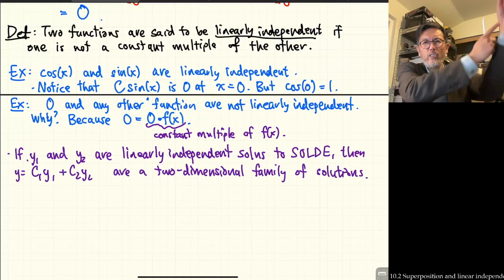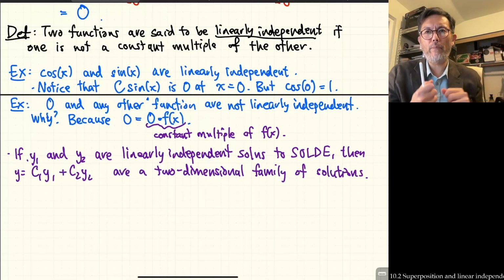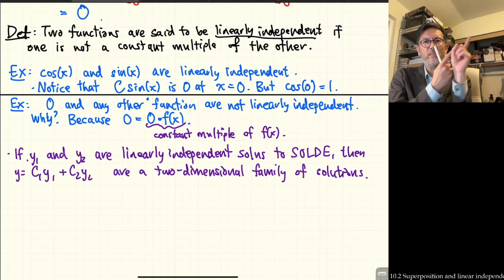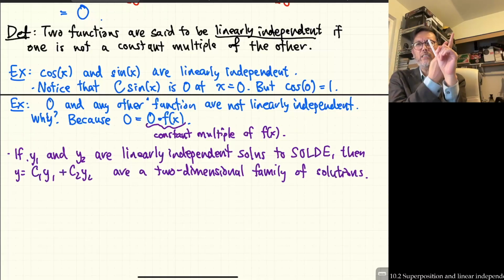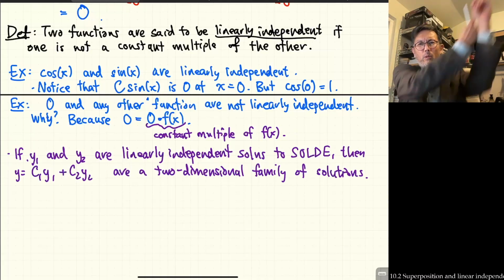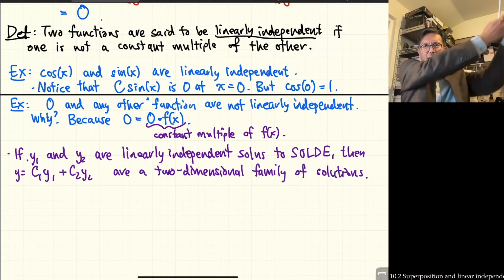Think in terms of vectors, maybe, if you know something about vectors. If one is a constant multiple of the other, then span. Do you know the word span? We'll learn. Maybe you don't know the word span. But if one is a constant multiple of the other, there's something one-dimensional about that, yeah?